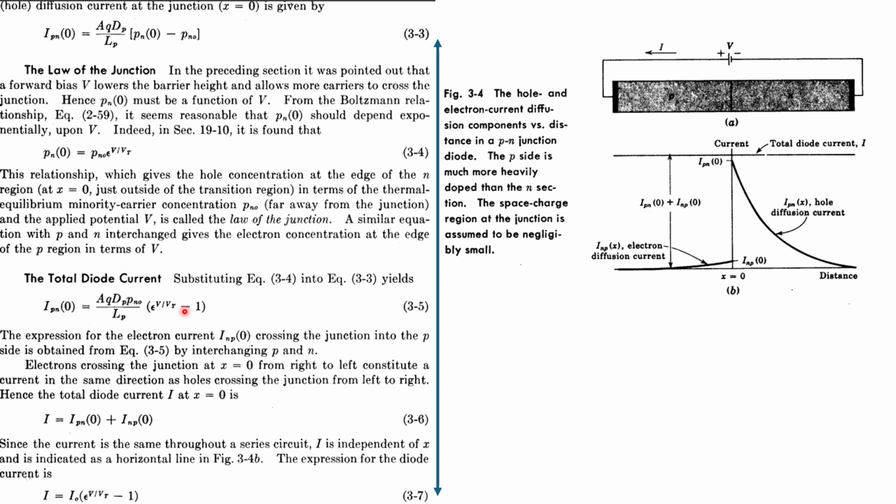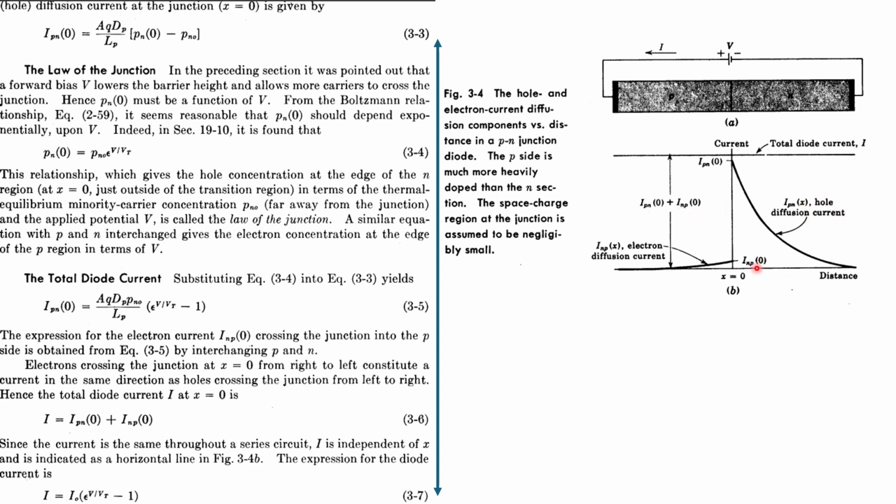So for the total diode current, if you substitute this P_n0 into this equation 3.3, you will get I_p at 0 equal to A Q D_P P_n0 divided by L_P, times (exponential of V divided by V_T minus 1), right? The electrons crossing the junction at x equal to 0 from right to left constitute a current in the same direction as holes crossing the junction from left to right, right?